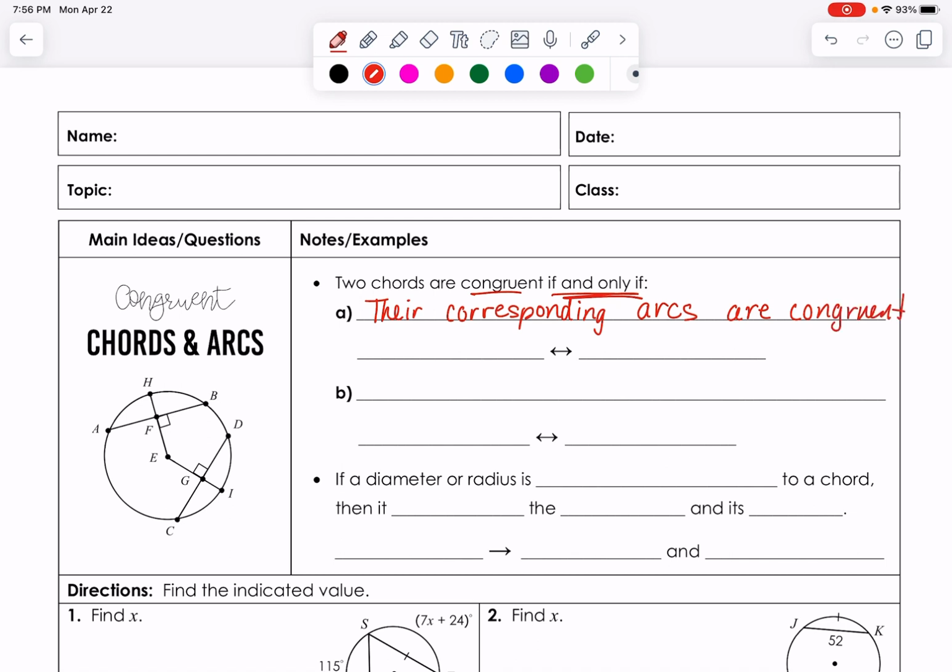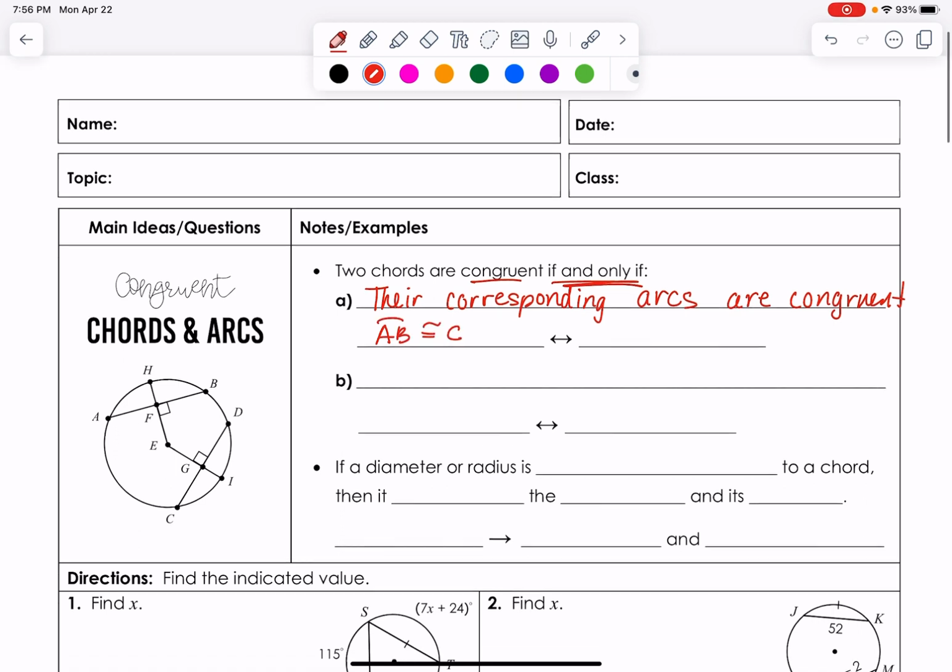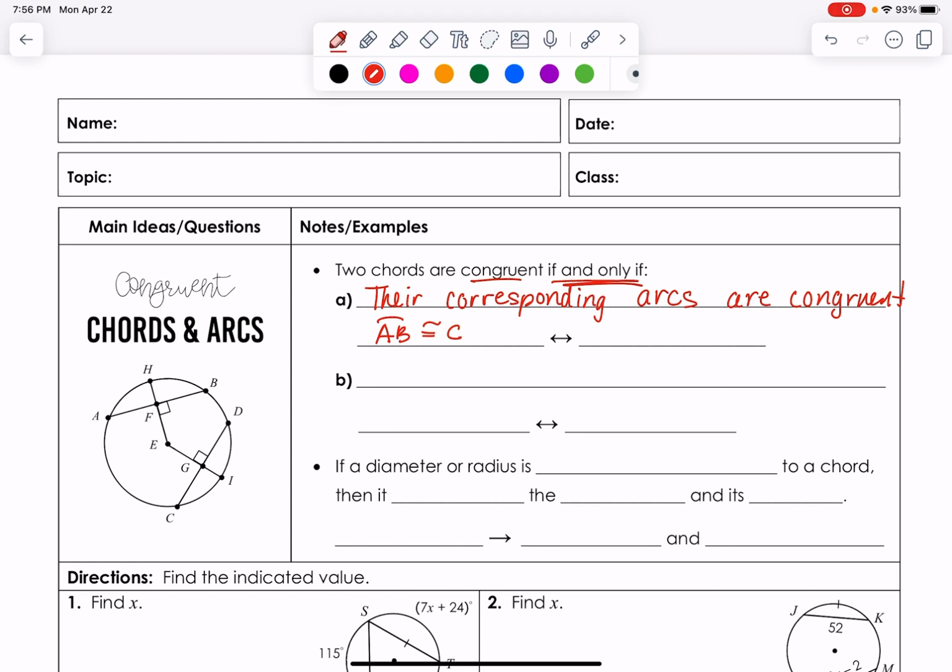So that means that arc AB has to be congruent to C. Wait a minute, I'm talking about segments. So chord AB is congruent to chord CD.